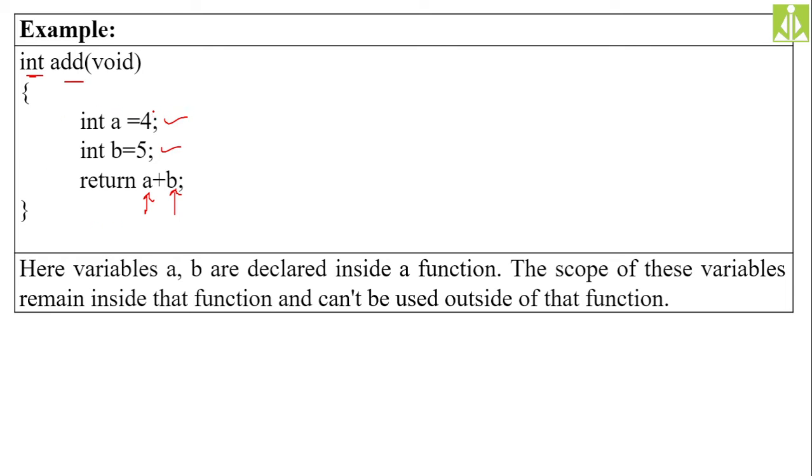These two variables a and b will exist from the point where they are declared till the point the block or the function is closed. So when you see this closing bracket, what does it mean? It means the scope is ending here.